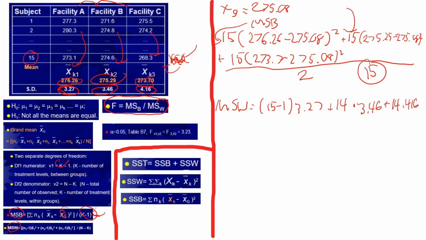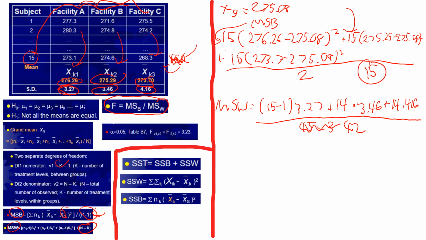And then this one is our total number of samples minus k, actually, is what's in the denominator. So our total number of samples, we can add them. It's just 15 times 3. So, 3 conditions, 15 for each. That's 45 minus k, which is 3 groups, 3. So this is actually 42.